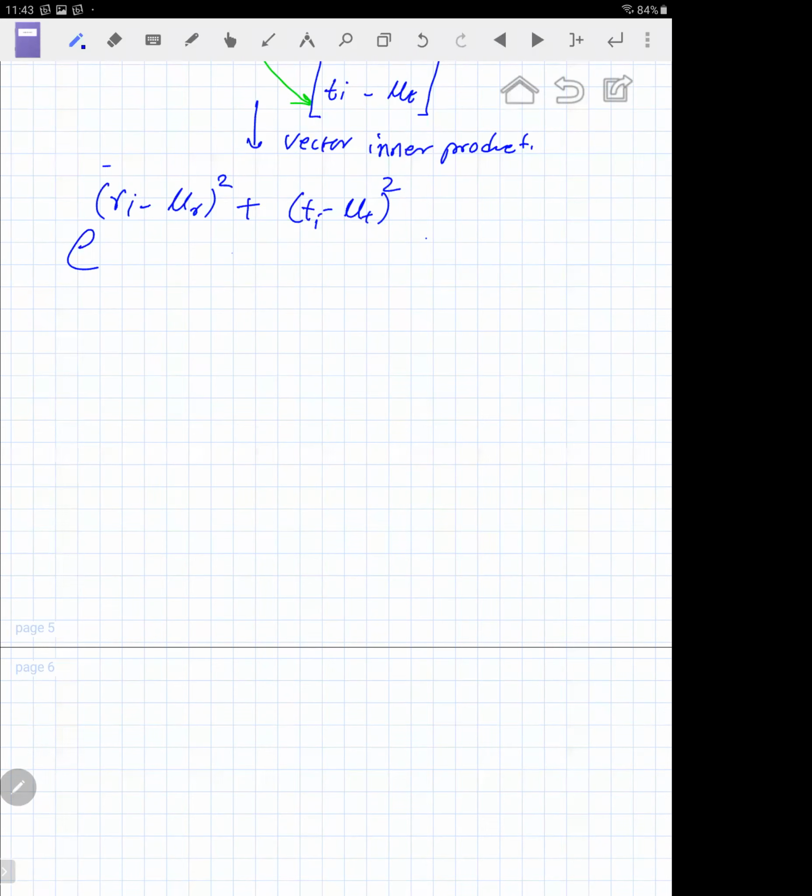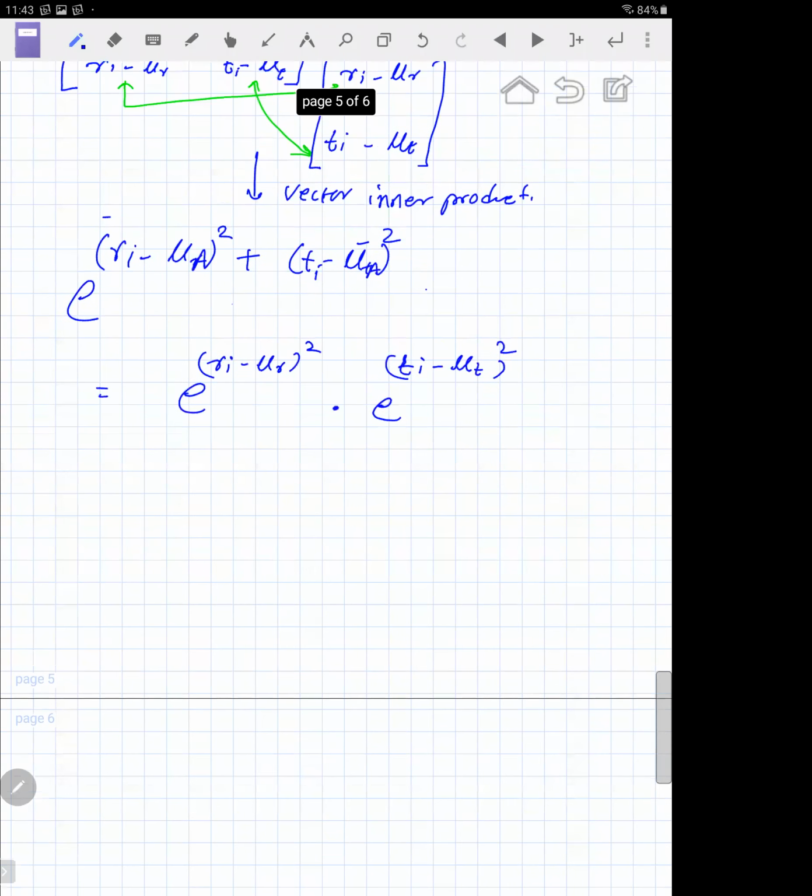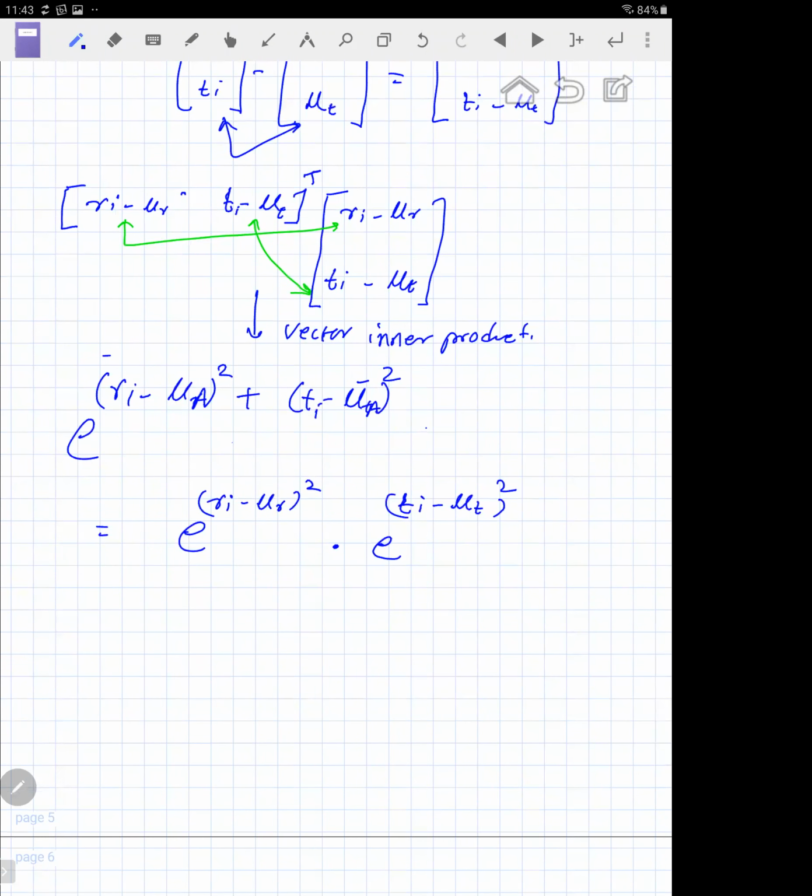And again, if you remember, the exponent of the sum of two quantities is actually the exponent of Ri minus mu R square multiplied by e raised to Ti minus mu T square. Sorry, my mistake here. It has to be... no, it was correct.